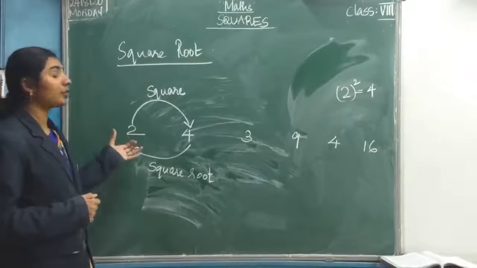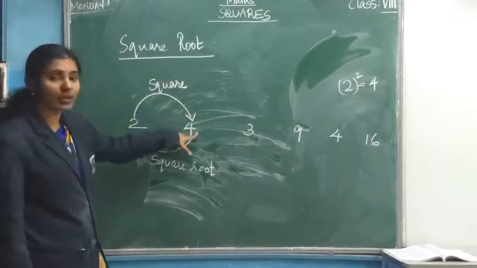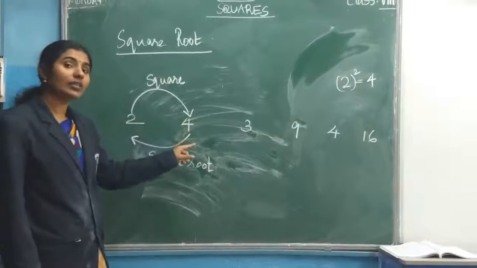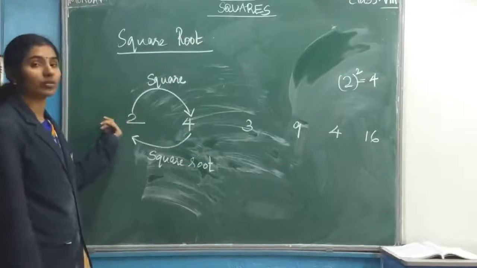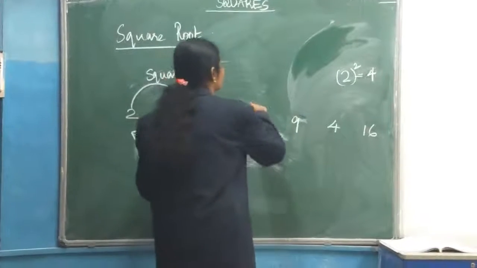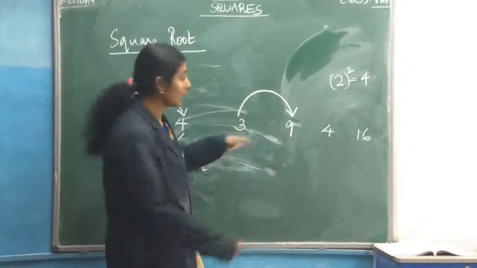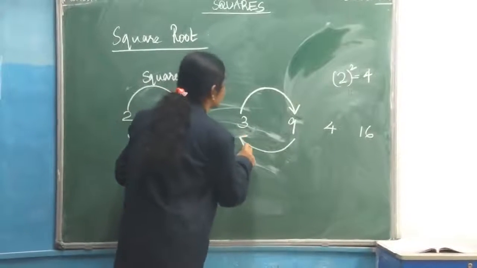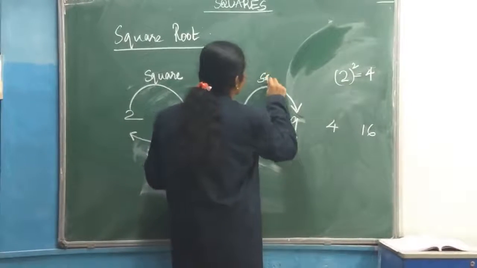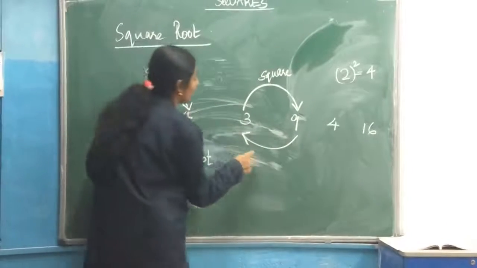So what can you understand from this? When you take the square of 2, you get 4. That means the square root of 4 is 2. When you are given 3, what is its square? 9. So the square root of 9 is 3.